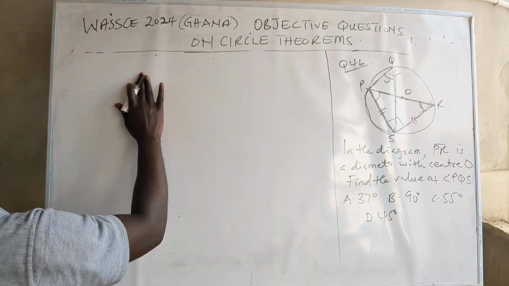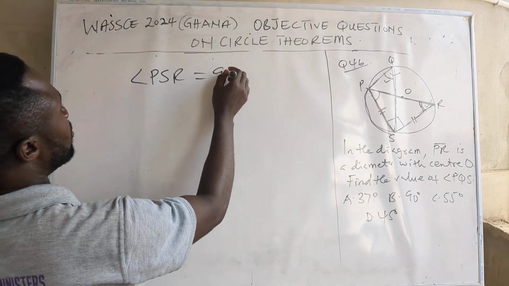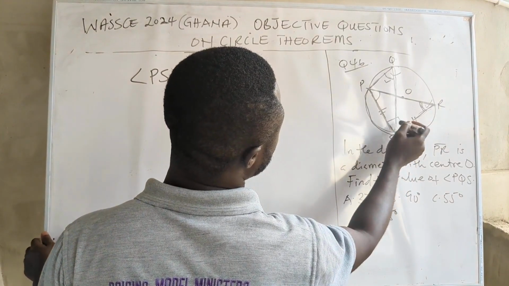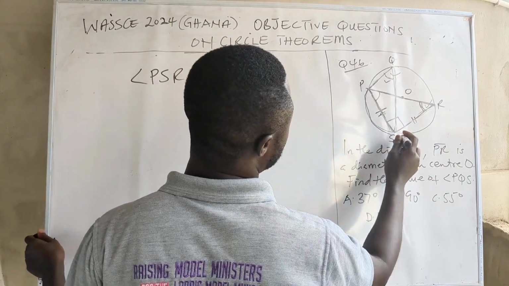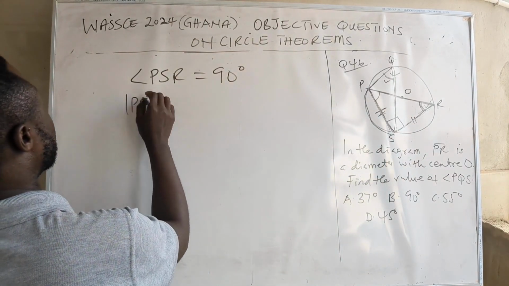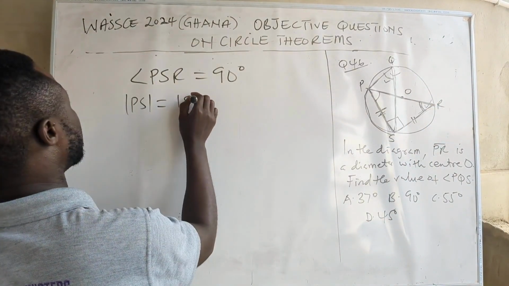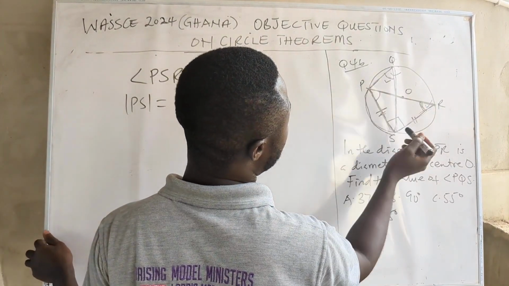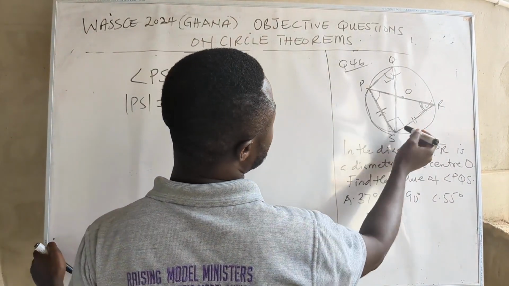Is that okay? So we will say that angle PSR is going to be 90 degrees, because PR is a diameter. So here will be 90. And we know that PS is the same as SR. If that happens, then triangle PSR becomes isosceles, and this line is the same as this line.